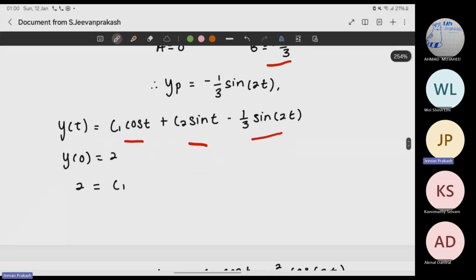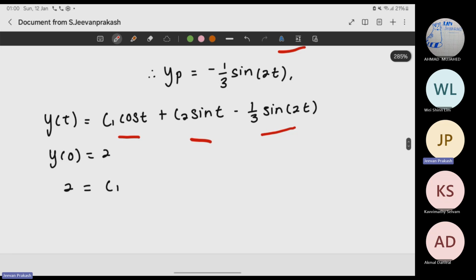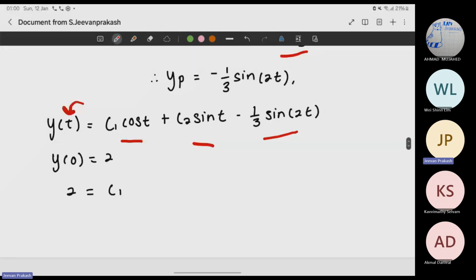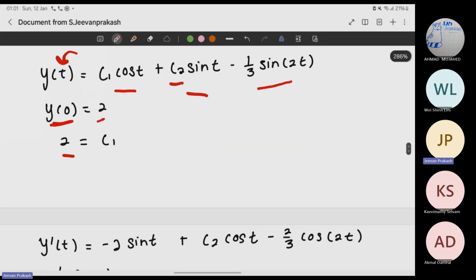To find the value of c1, we have to substitute t with 0. When we substitute t with 0, in the question the value of y(0) is given as 2. So we substitute t into 0, then c1 will be 2. Then next we have to find the value of c2.